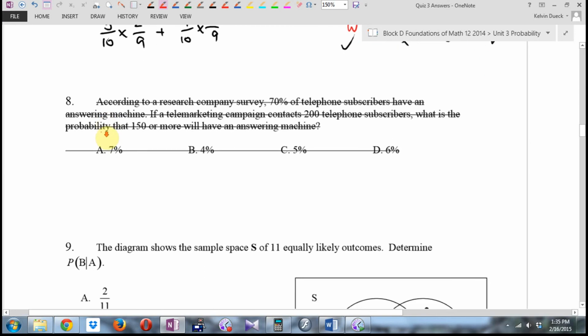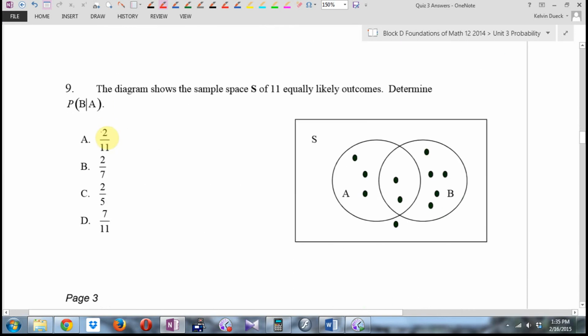8 is cool, but I skipped it this year. Oh, conditional. B given A, which is going to be A and B divided by the given one. What's the given one in this question, B or A? A. So A and B, 2 out of 11. That's those guys.